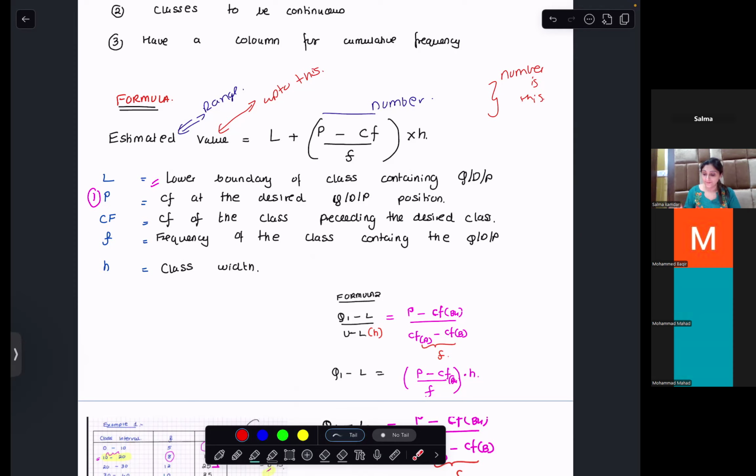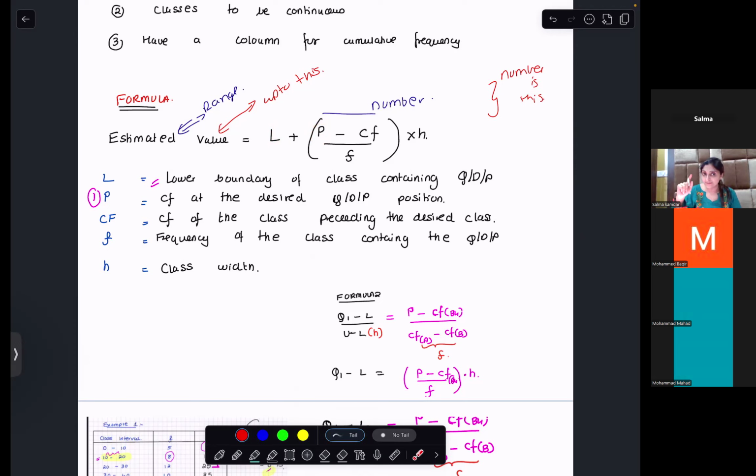Okay. L is what? Lower bound. P would be the position, the cumulative frequency of the desired quartile, decile, or percentile position. CF would be the cumulative frequency of the previous class.